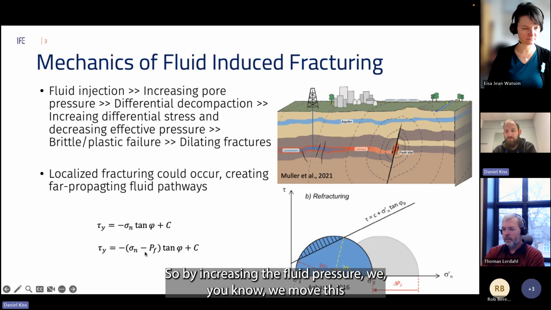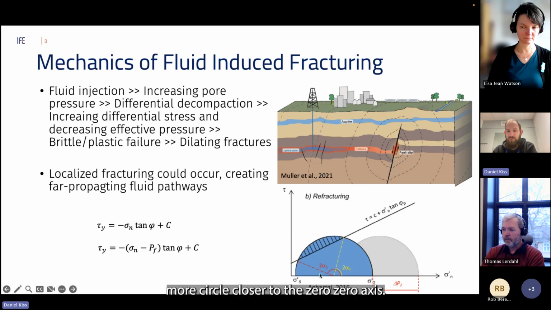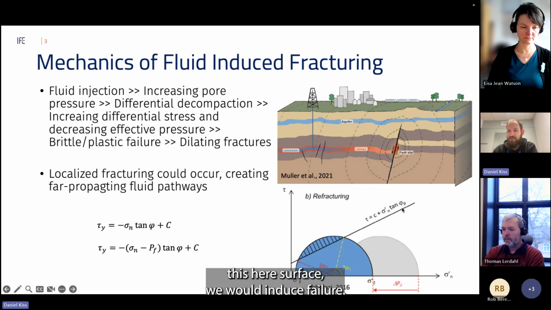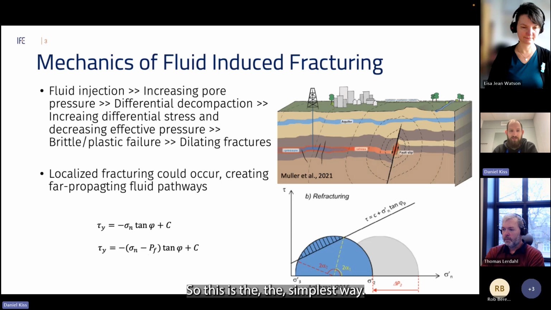So by increasing the fluid pressure, we in a way move this Mohr circle closer to the 0,0 axis. And whenever we touch this yield surface, we would induce failure. So this is the simplest way how fluid-induced fracturing happens.